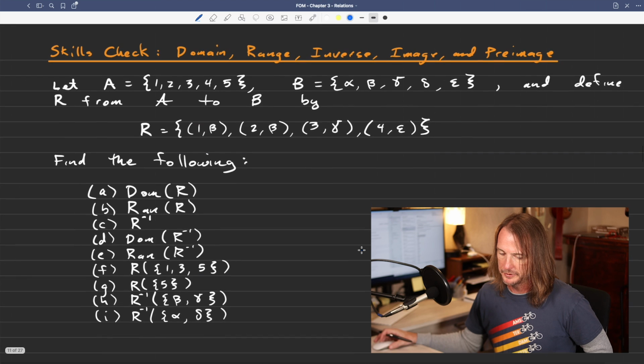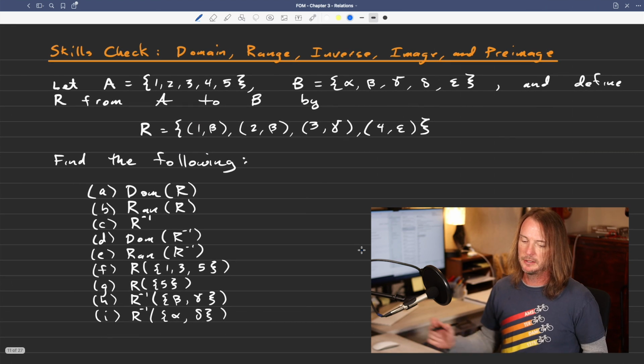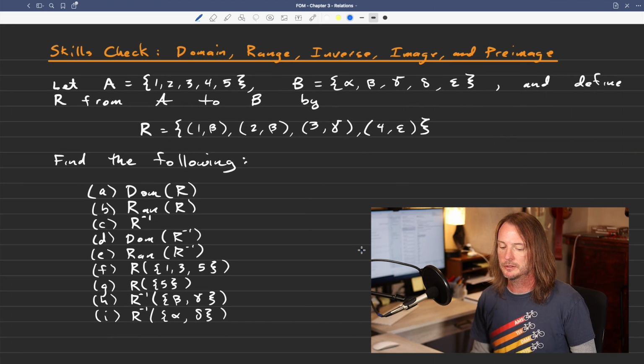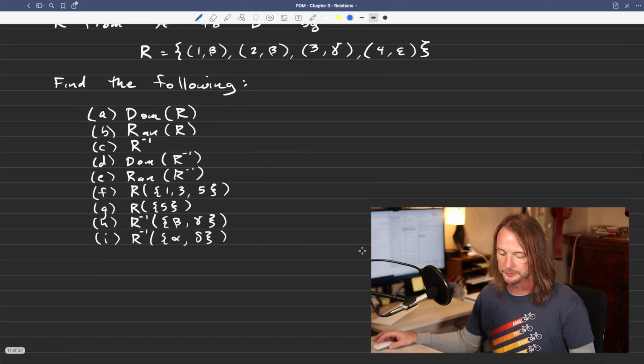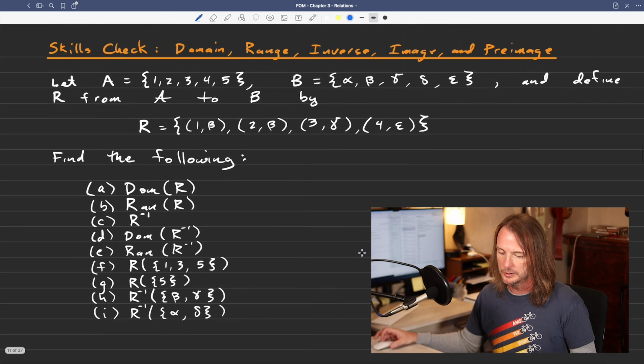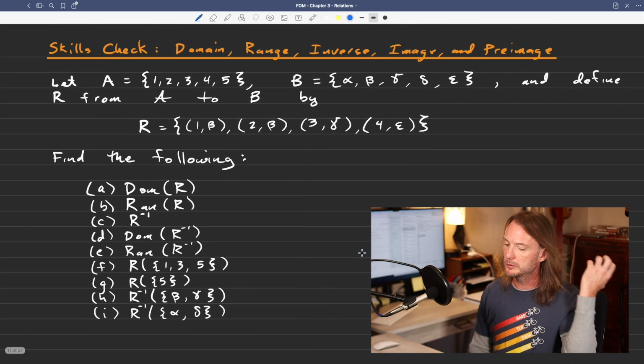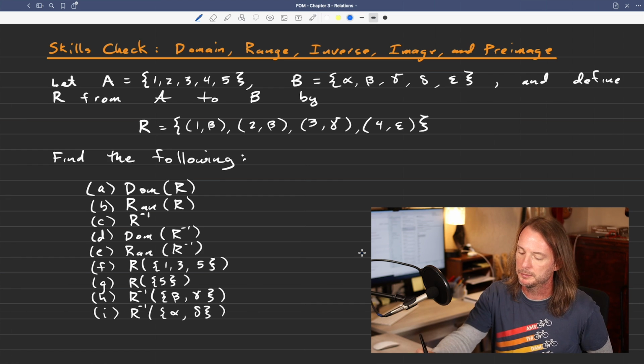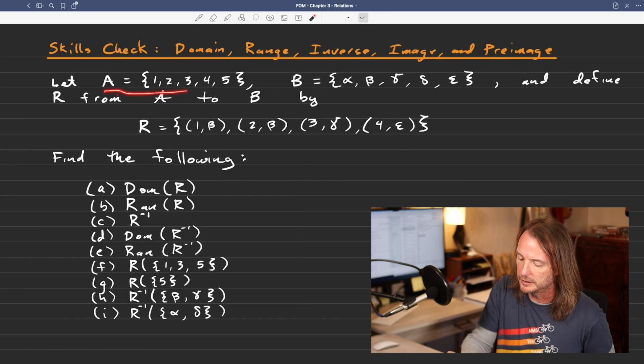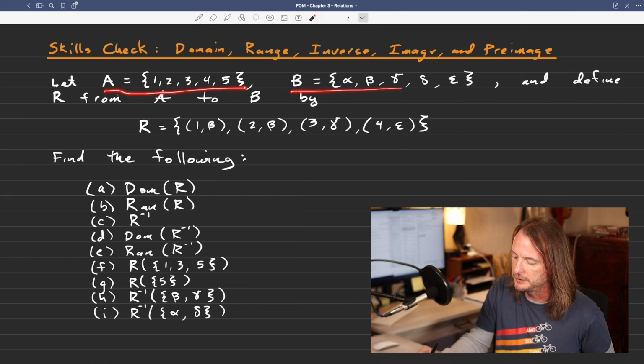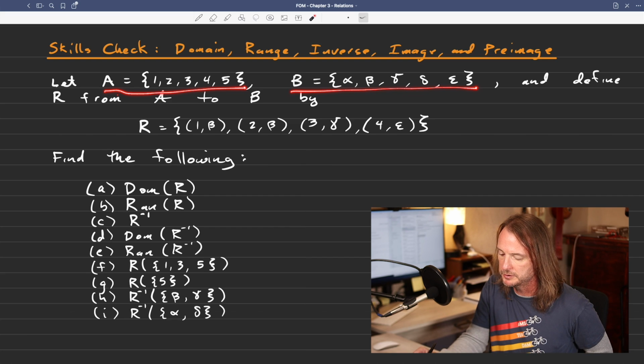All right, so here is a good chance to practice these skills just with a toy example. Just a straightforward example I want you to do. So the setup here is we have these two sets. A is the integers 1 through 5. B are the Greek characters, alpha through epsilon.